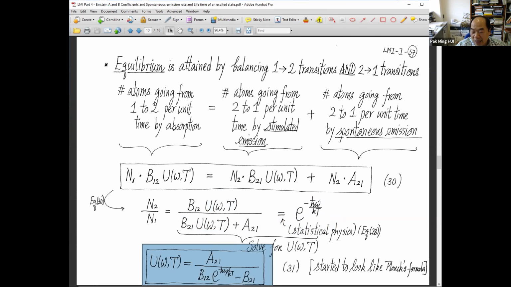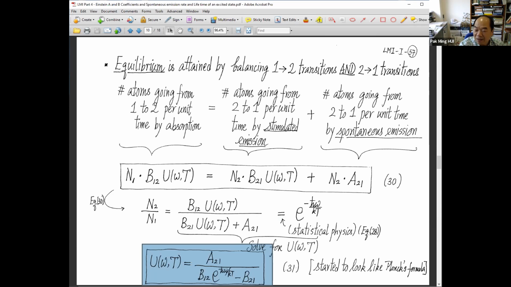The left-hand side is what should be Planck's formula. The right-hand side is what Einstein got up to here. His coefficients, okay? Just to remind you, A is spontaneous emission. Everybody knows quite well the phenomenon, but we didn't know it quantum mechanically.